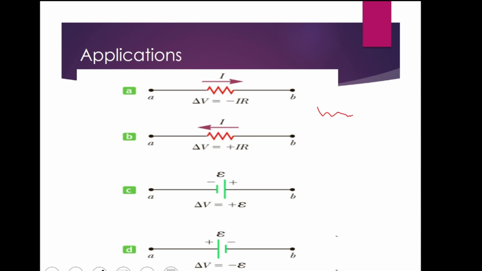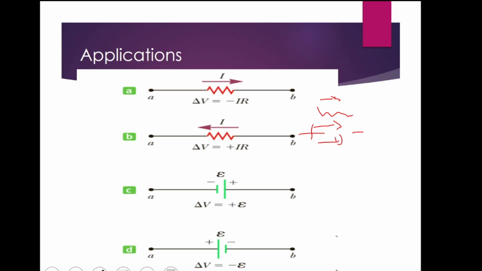So in a resistor, the electric field is always in the conventional current direction, from positive to negative. Conventional current flows from positive to negative, and the electric field is in that direction.